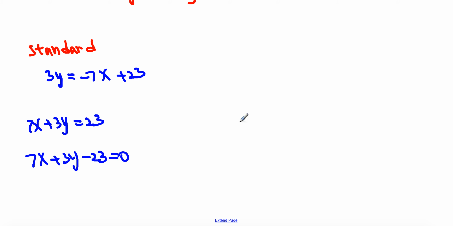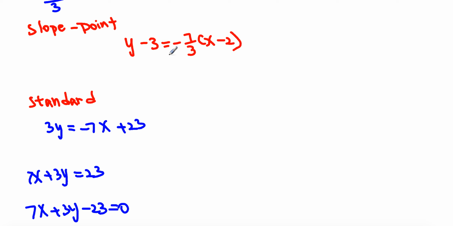Now, if I were to use the second point-slope form, I have one fraction, so I'm going to get rid of the denominator by multiplying everything by 3. Then I'll be getting 3y minus 9 is equal to negative 7 times the parentheses x minus 2. That's what I will be getting after multiplying everything by 3.